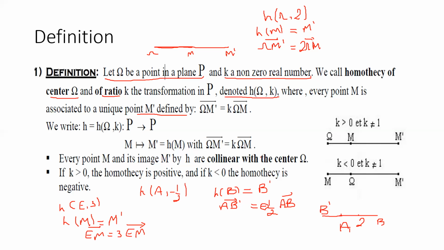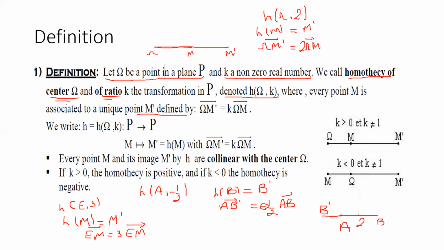So we call a dilation or a homothety of center omega and ratio k. For the dilation we have two elements, the center and the ratio, denoted by h omega k.